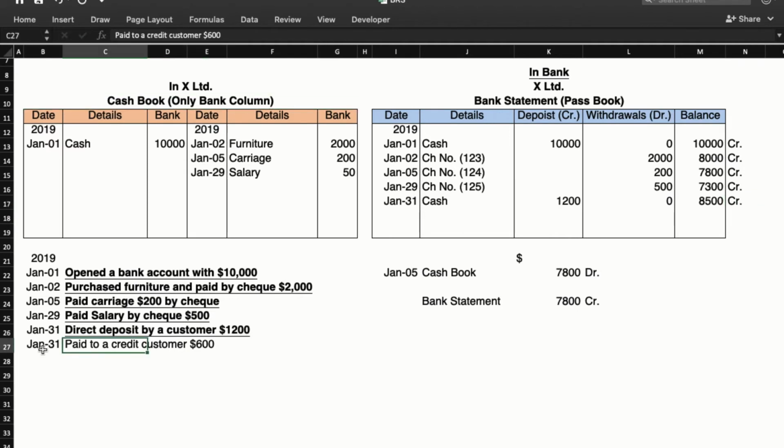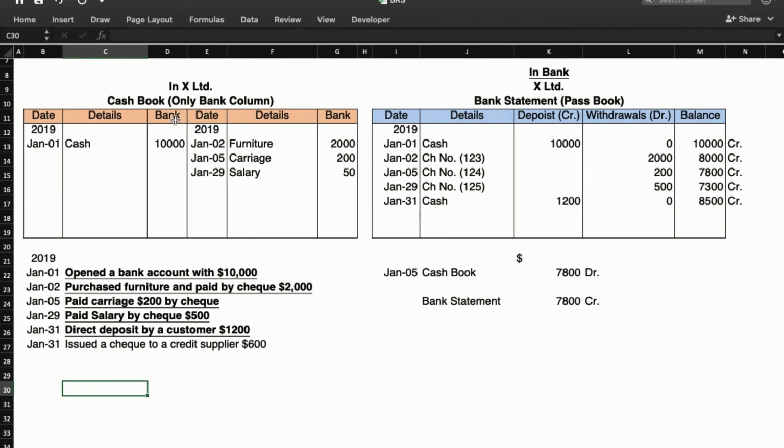Now let's see the next transaction on Jan 31st. Paid to credit supplier $600, paid by check, or we can say issued a check to a credit supplier, $600.